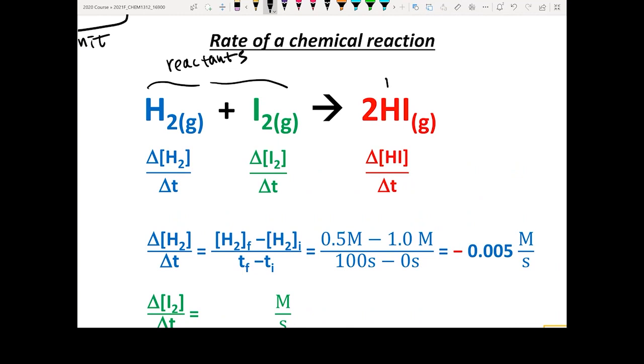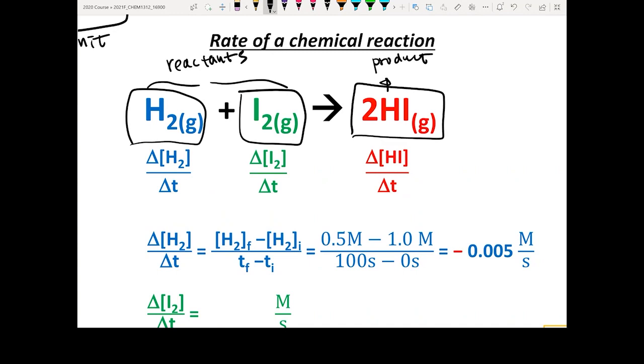And this side, we call the products. To express the reaction rate of this reaction, you can describe it using the disappearing rate of your reactants or the formation rate of your product. Either way should give you the same information.